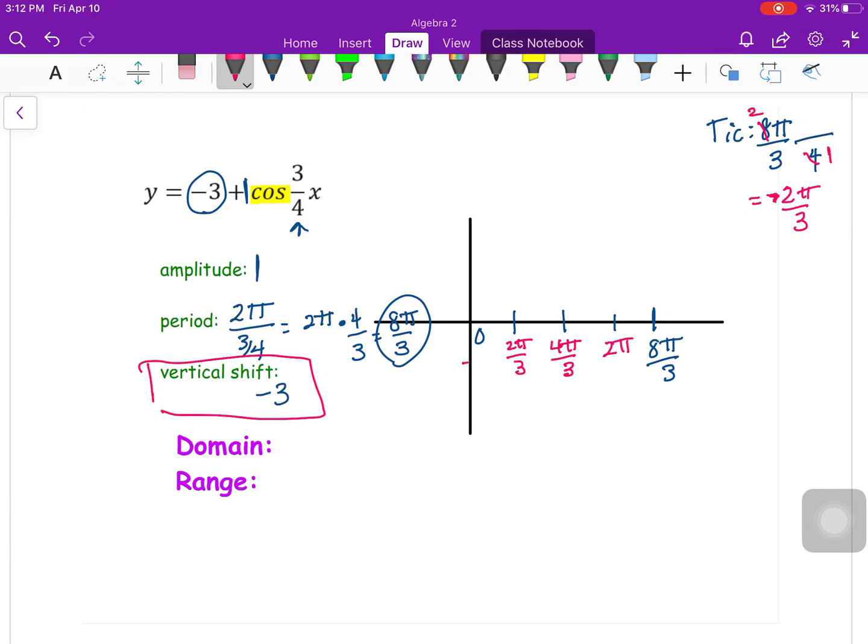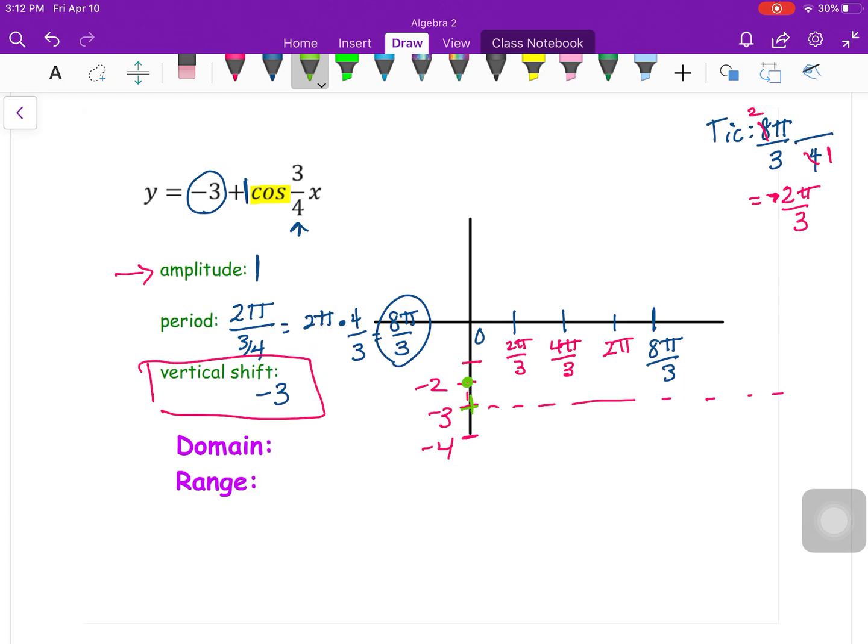My vertical shift is at -3, so I have to go down 3. And there's my midline. My amplitude is 1. So 1 above -3 is -2. 1 below -3 is -4. And there I have everything labeled, and I'm ready to go. Cosine normally begins at 1, 0.